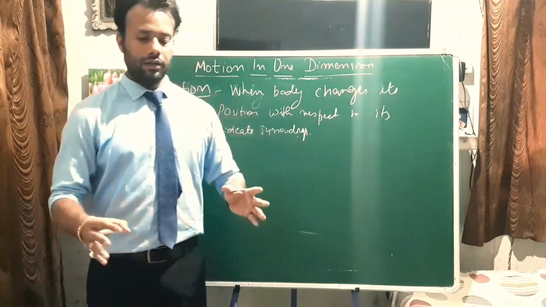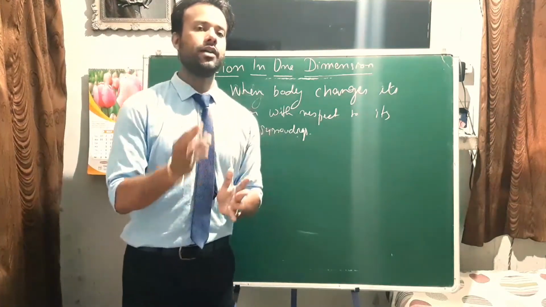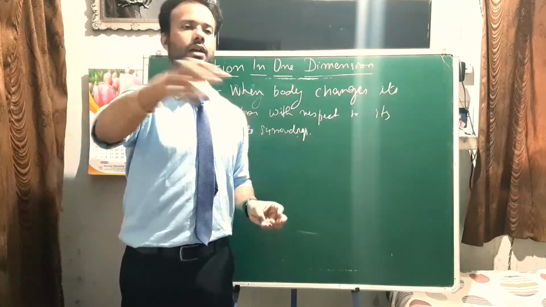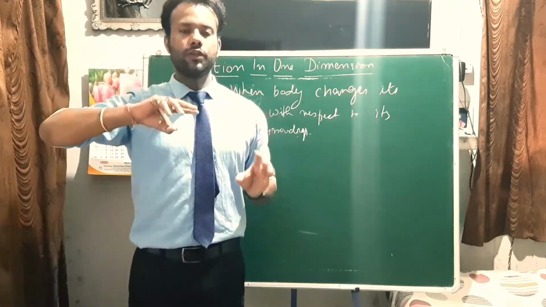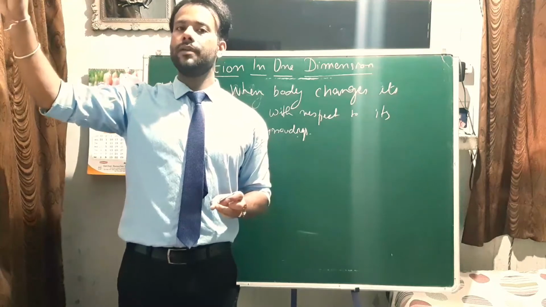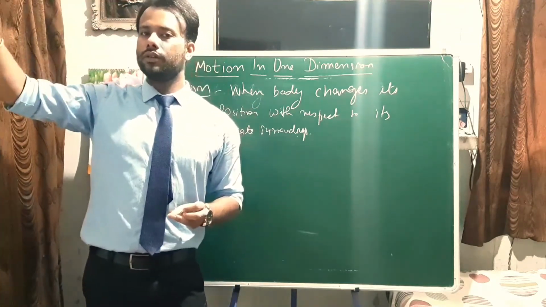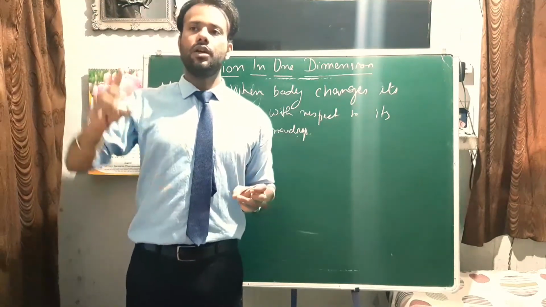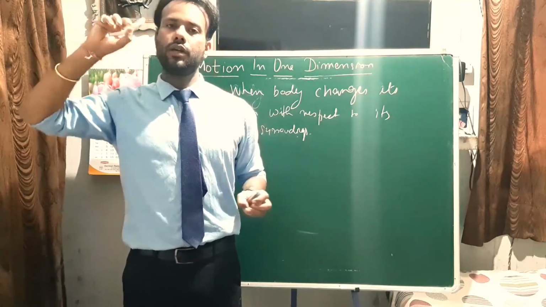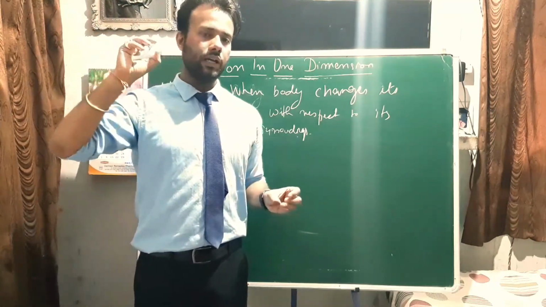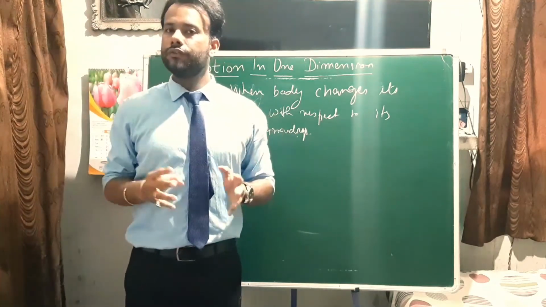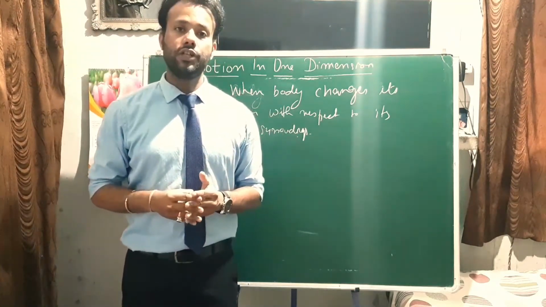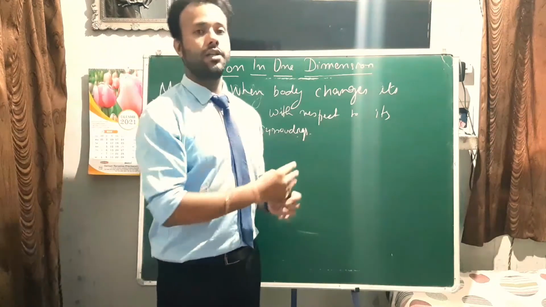If I'm standing here, I'm at rest with respect to you or with respect to the other person standing in this room. But if an astronaut observing me from the International Space Station, for them, I'm not stationary because the ISS is rotating around the Earth, right? If any person standing on the moon observes me, I will be again not stationary because Earth is moving with very high speed.